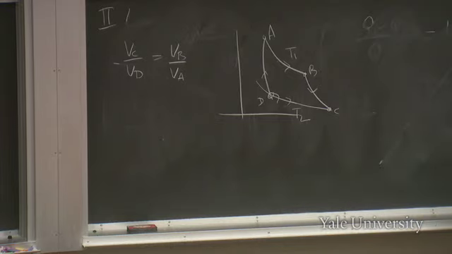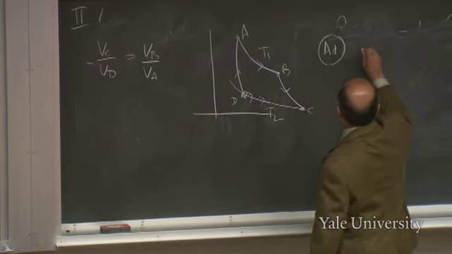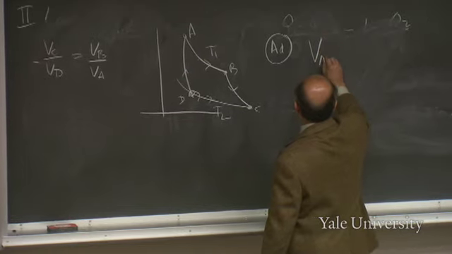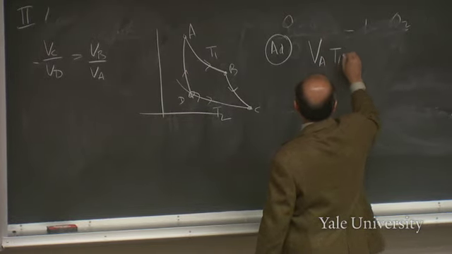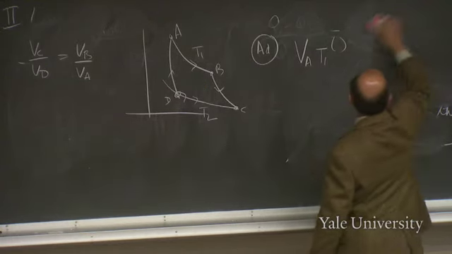Now, somewhere in your notes is the formula that in an adiabatic process, volume A times temperature 1 to some strange power, I don't care what the power is, it's not going to matter.